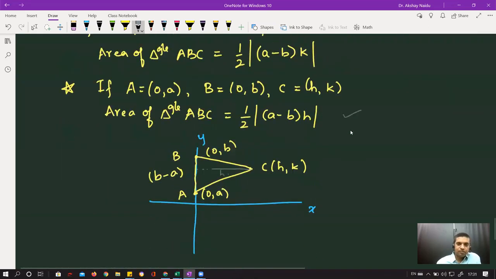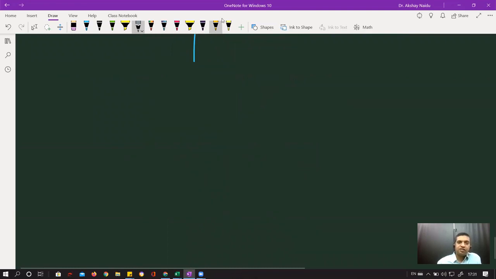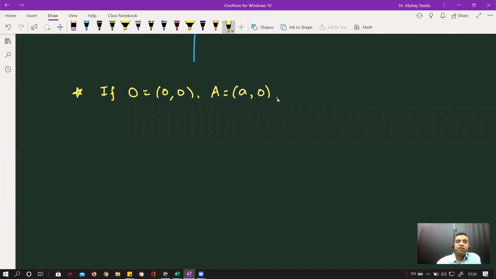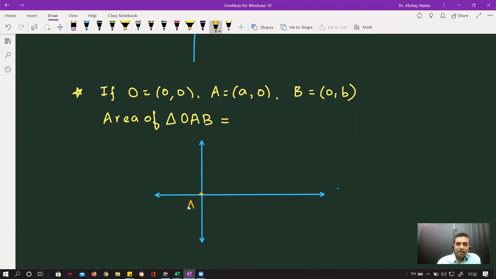Now one more. So these are important results. If O is the origin, A is a comma 0, and B is 0 comma b, what is the area of triangle OAB? b by 2, sir.